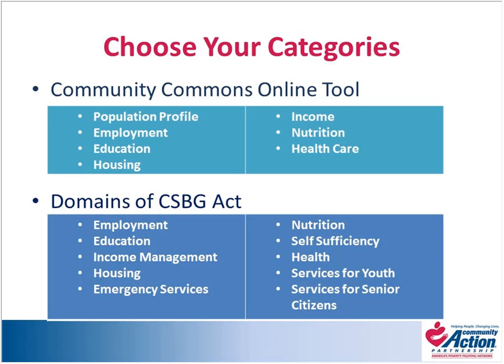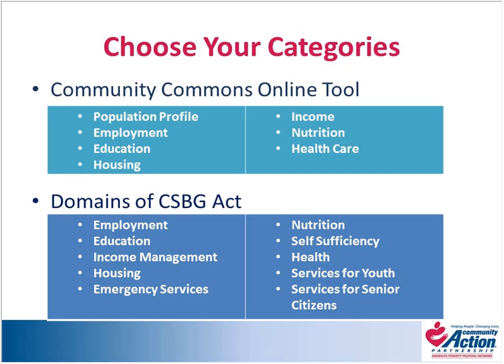You can also see here the domains of the CSBG Act, and that they align pretty closely. That was done intentionally so that agencies are able to gather data easily through this online tool that aggregates it from different sources, and really relate to those domains of the CSBG Act, which is where you want to collect data.